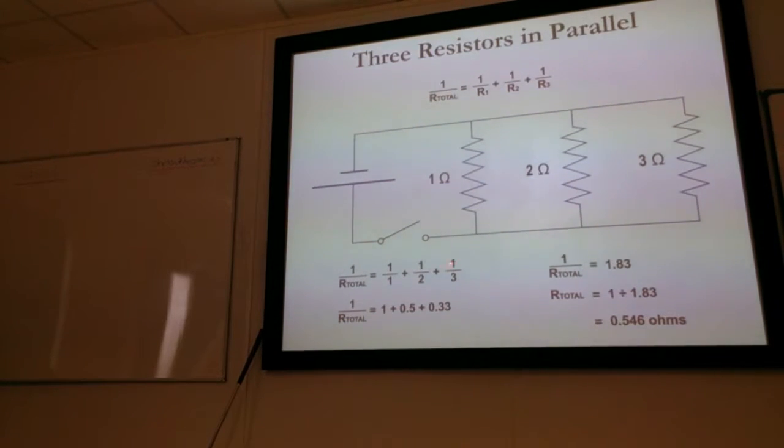So 1 over R total is equal to 1.83, which means R total is equal to 1 over 1.83, because we've just transposed that formula to find the value of the total resistance. And look what's happened. The answer we get is less than any one single resistance load. Magic. So the more resistors we put in a circuit, the less the resistance is going to be.